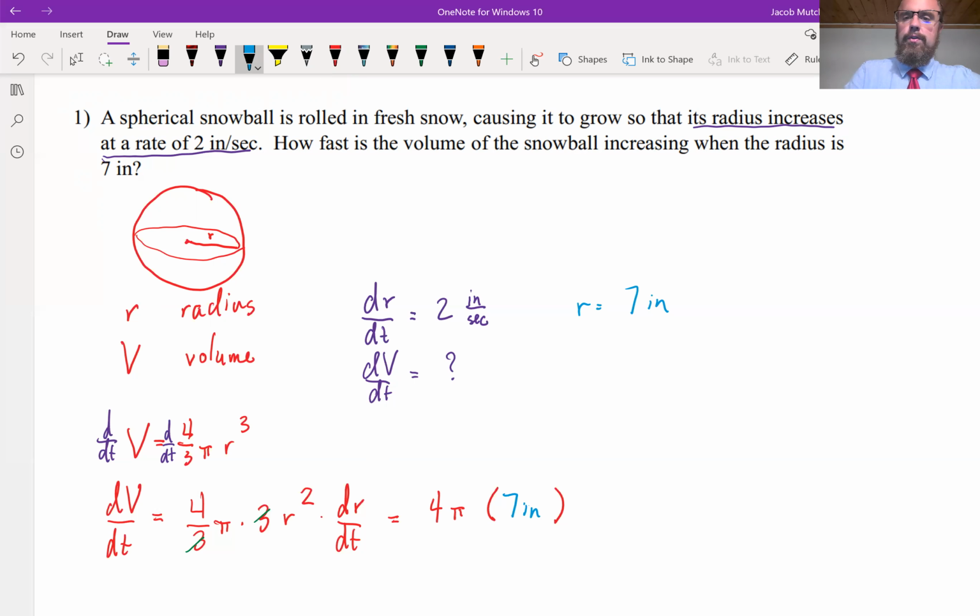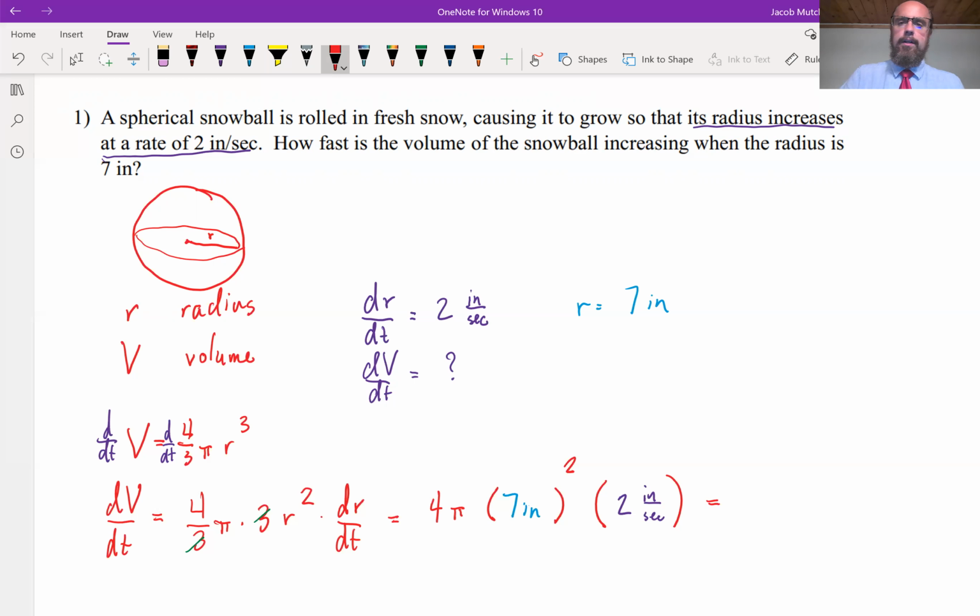And that is squared. And that is times dr/dt, which is again 2 inches per second. So we've made our substitutions. At this time, I just need to multiply out and simplify and see if we can come up with an answer.